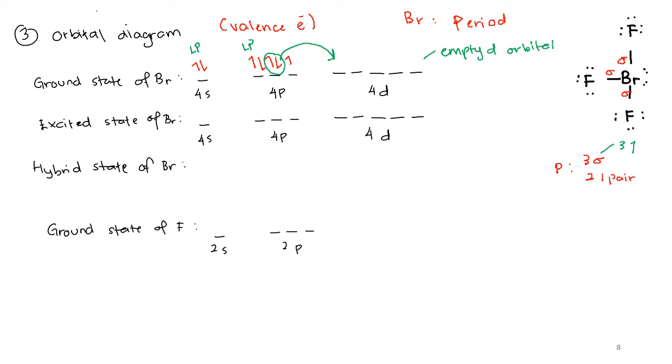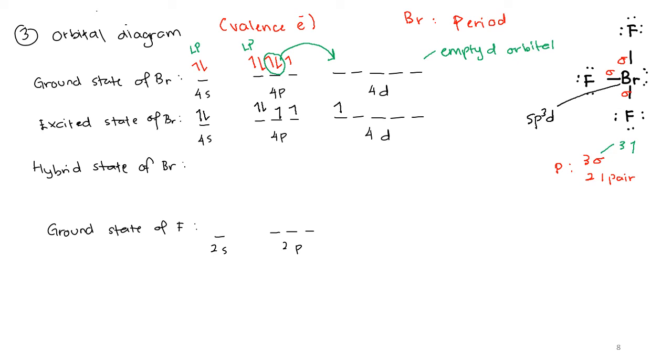Okay, for the next step, the excited state, you will get this form. 2 electrons as a pair, and you will have 3 single electrons. Therefore, we predicted just now that bromine will be sp3d hybrid. So you will hybridize all of the orbitals, s, p, d.